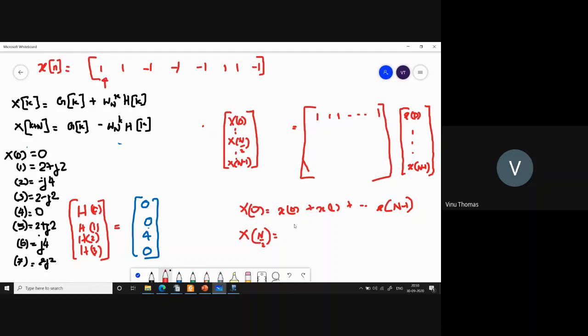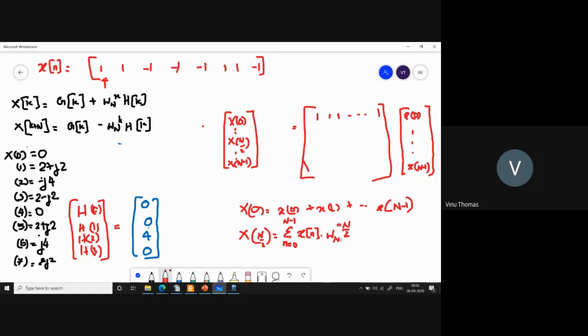So let us write the expression for x of n by 2 from our analysis equation, which is sigma n equal to 0 to n minus 1 x of n into W_n raised to nk, with k equal to n by 2.